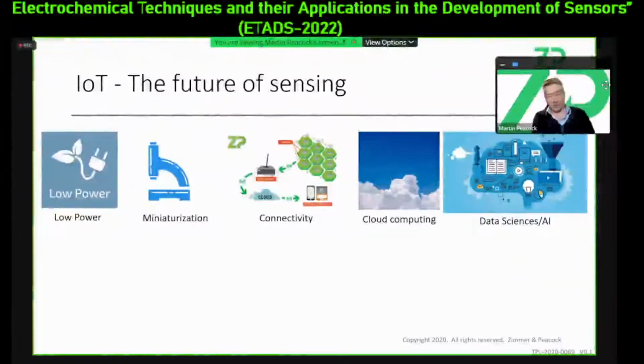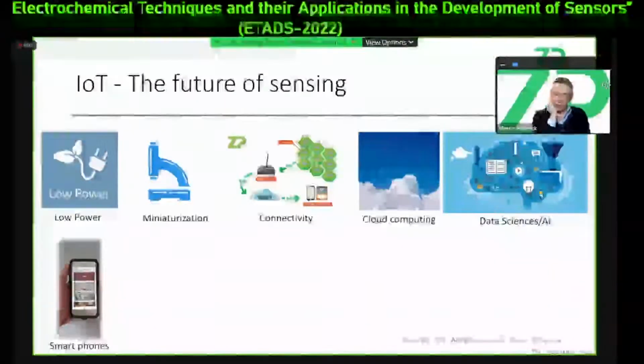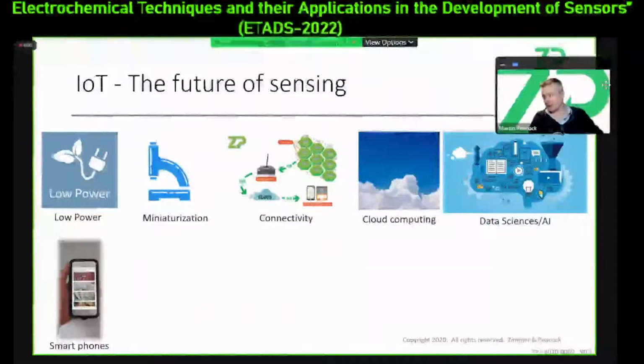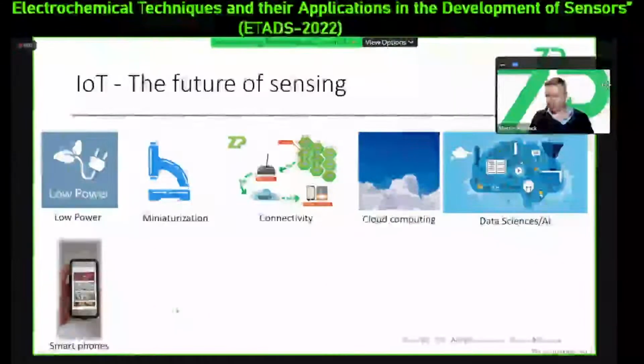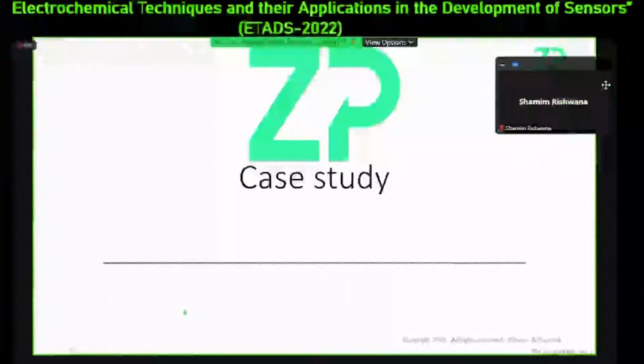Data science allows us to filter our data, to calibrate our data, to remove artifacts from our data. So we're very appreciative of it. And we're also very appreciative of this revolution in the availability of smart devices. This is really helping the Internet of Things revolution and helping companies like ZP roll out our technology much faster.